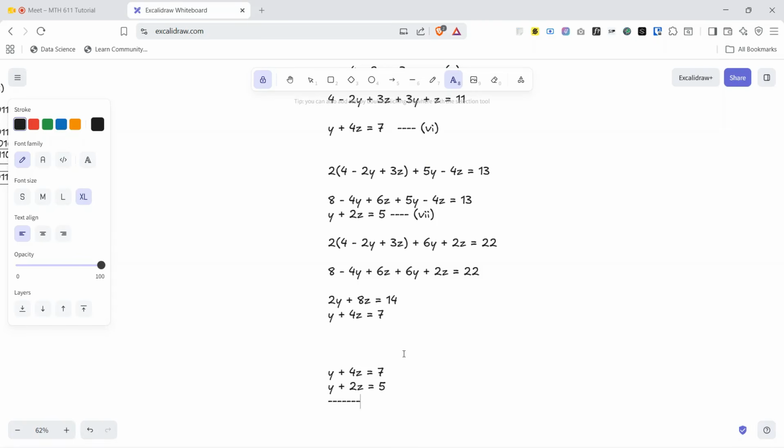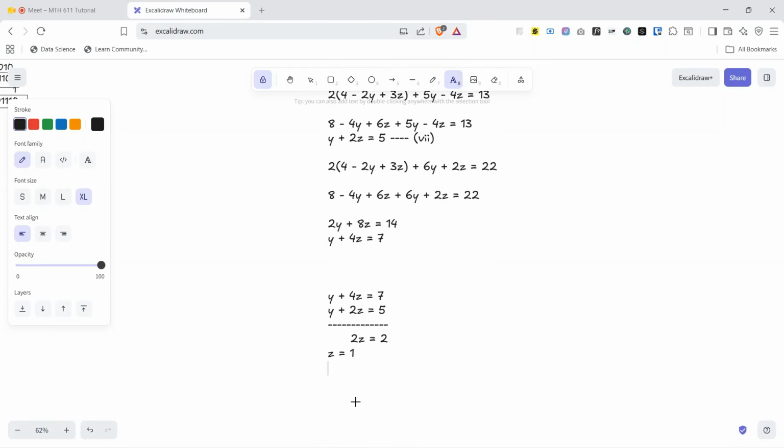If you run this calculation, the minus here would cancel this. So that will now be 4z minus 2z, which would give us 2z equals 2. So that would mean z equals 1. Yep, z equals 1.